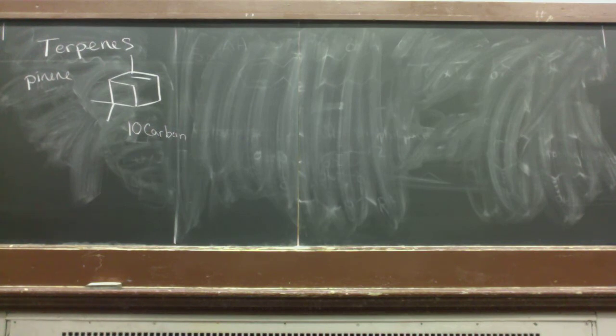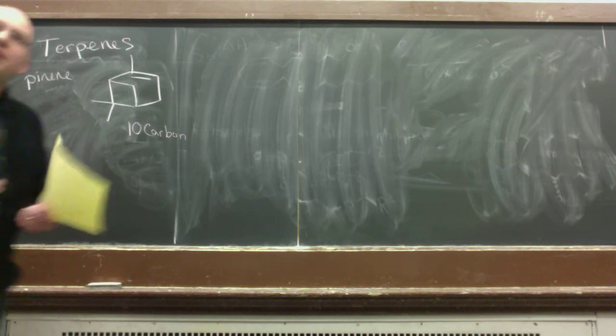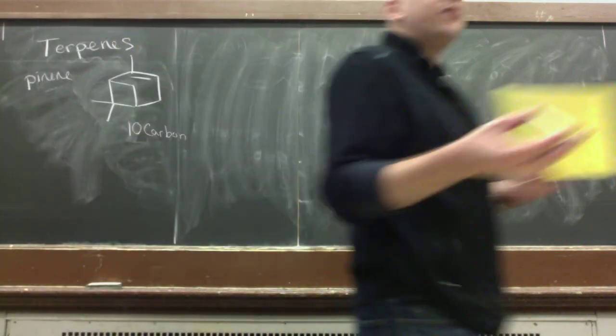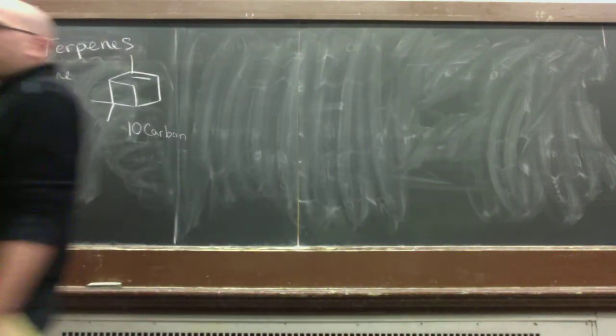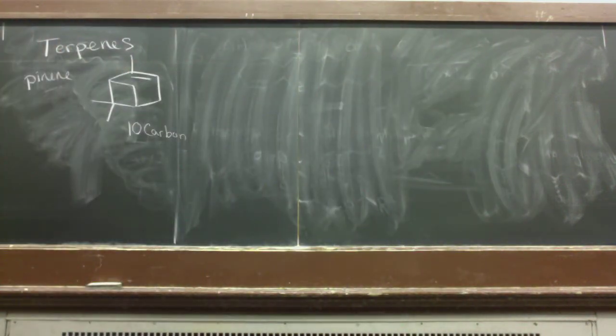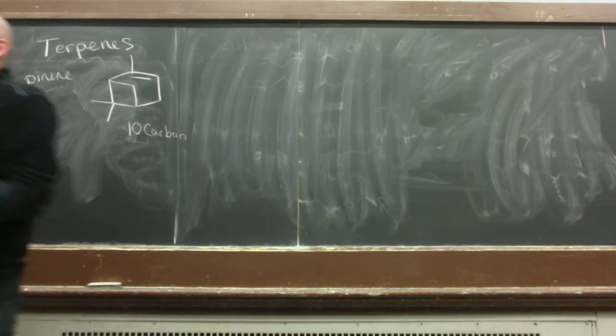So terpenes will have either 5, 10, 15, 20, 25, 30 carbons. I don't understand exactly why this is the case, but the nomenclature is that every 10 they consider a terpene: 10 is a monoterpene, 20 is a diterpene, 30 carbons is a triterpene, and I think 15 is a sesquiterpene.